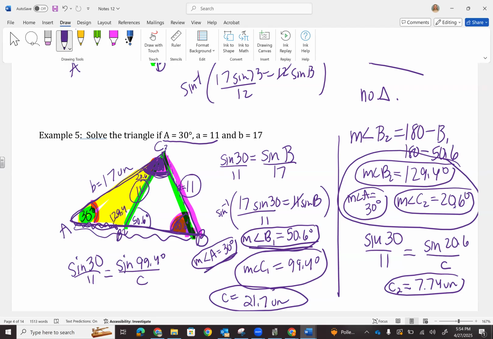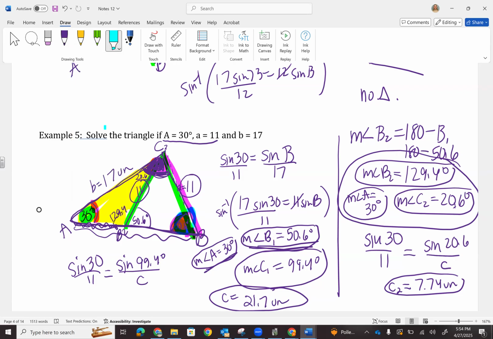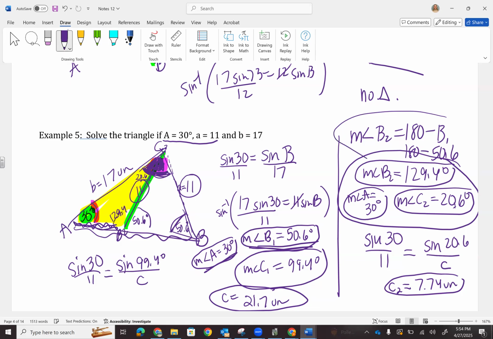The hinge point is to take the first angle you find here, say 50.6 degrees, and take 180 minus it.